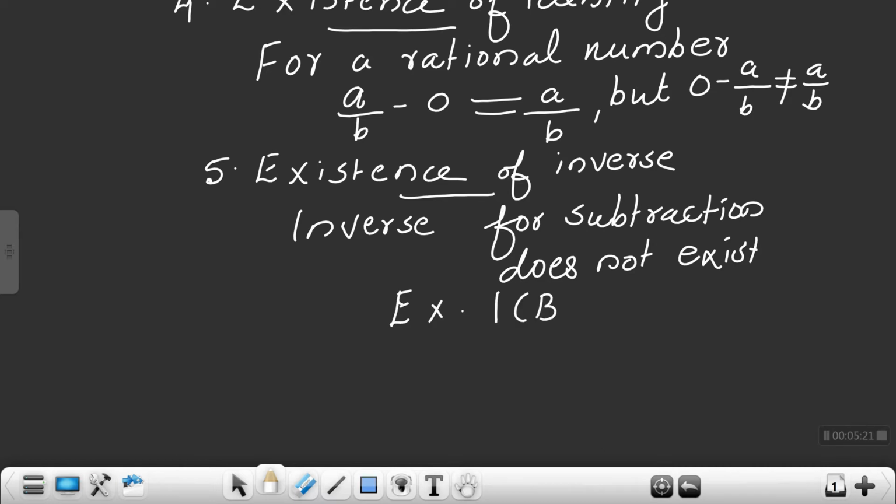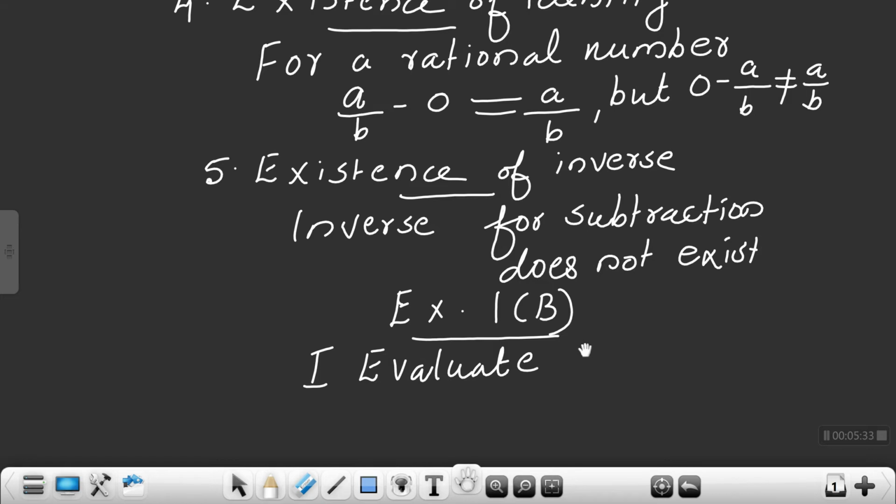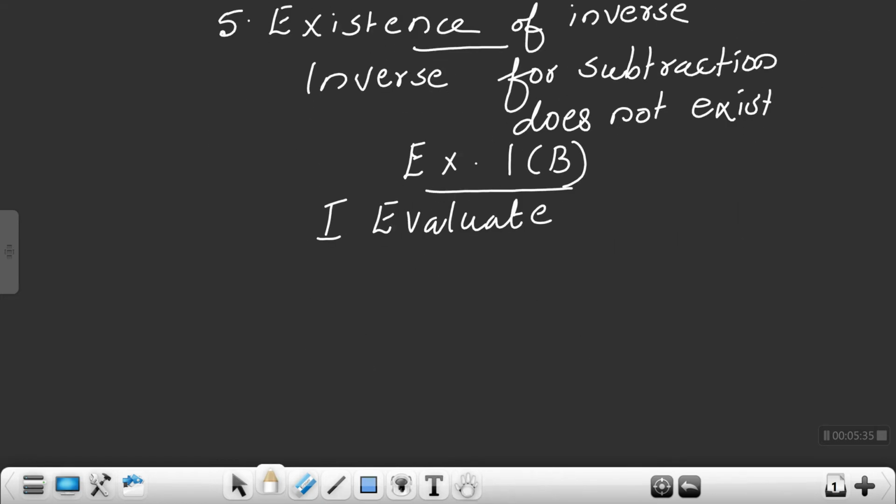Exercise 1b. Main question number 1. Evaluate. First one, 2 by 3 minus 4 by 5. 3 and 5 have no common factor other than 1, so the LCM of 3 and 5 is their product, that is 15.